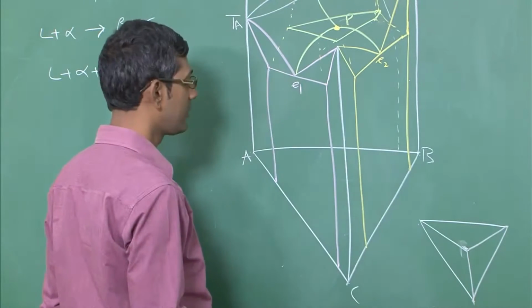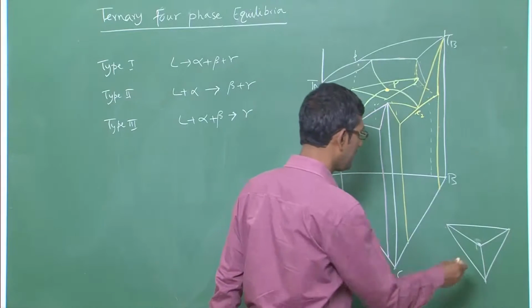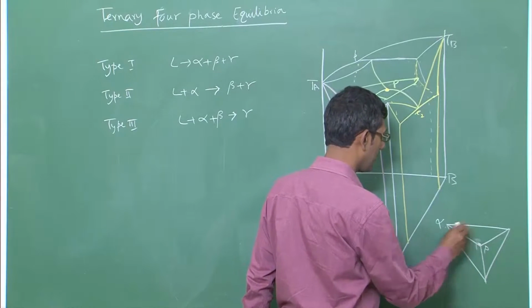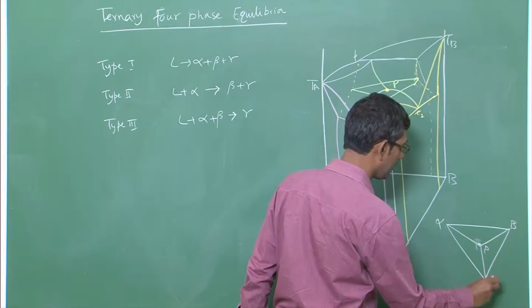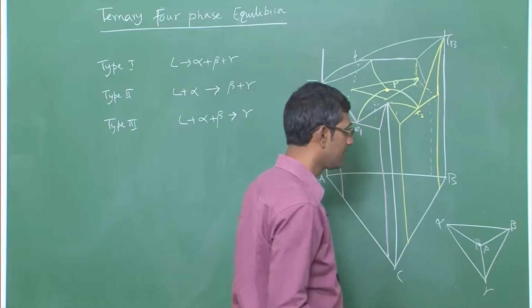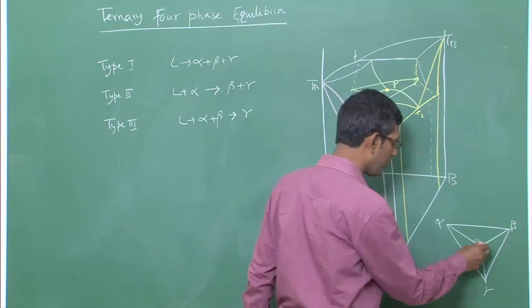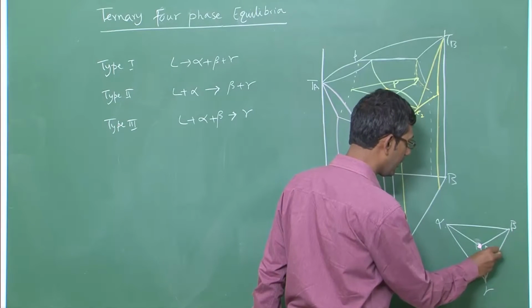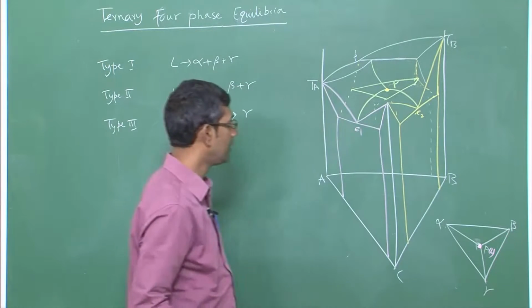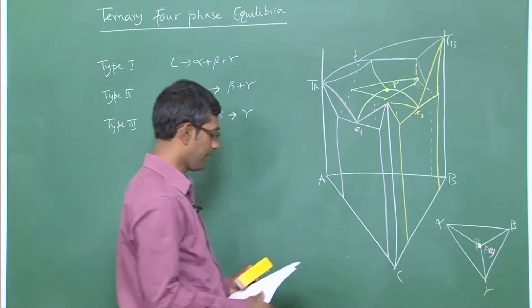Now, what are these? This is P, alpha, beta, gamma, right. That is how I have drawn. So, P corresponds to liquid, this will be the liquid composition. So, that is the way one can draw.